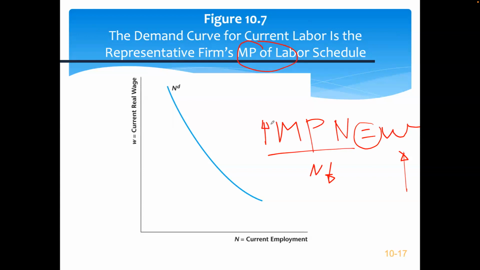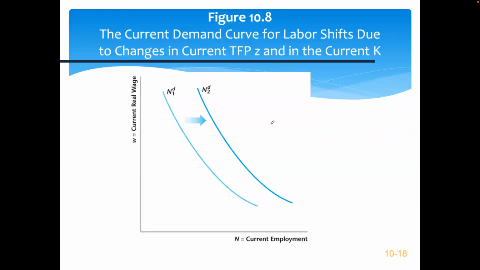All right. So now let's see what can cause a change in the labor demand. Consider two possibilities: either there's a change in TFP or there's a change in capital. Let's say, for example, there's an increase in TFP or an increase in physical capital. In either case, we are going to see an increase in marginal productivity.